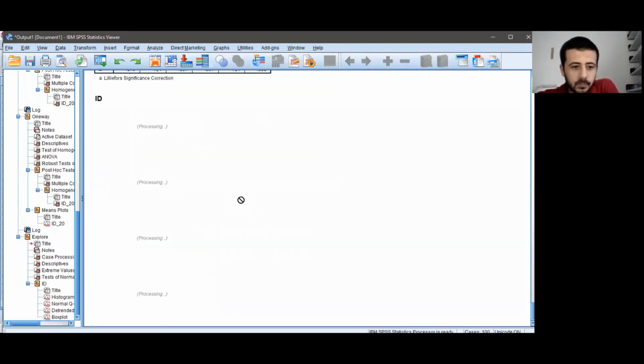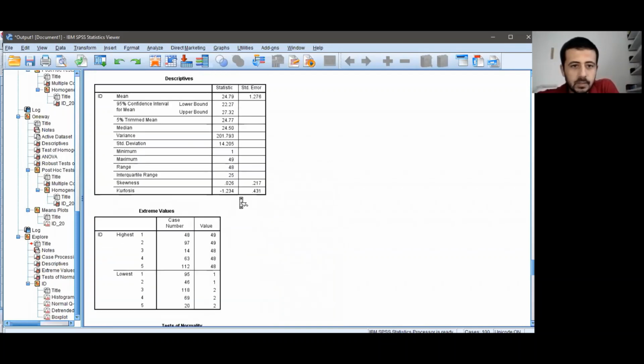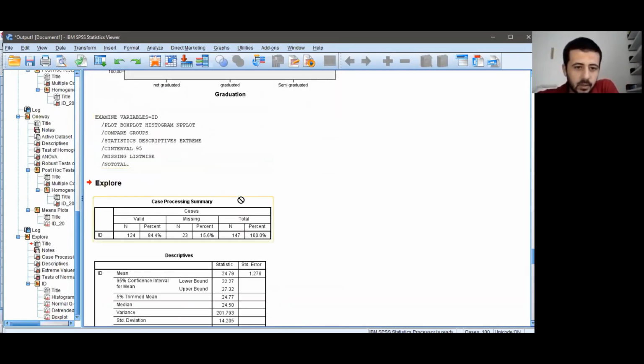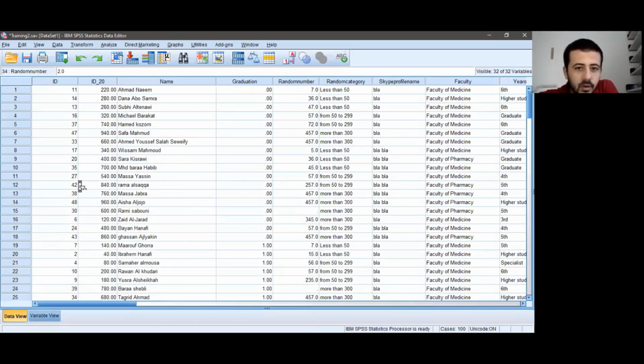Give it some time, and now let's start. Here they're just saying how many of the data are missing and how many are not. Oh, I'm sorry, there are 23 missing, so those are many.